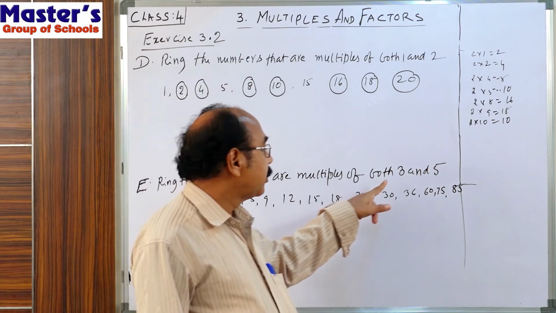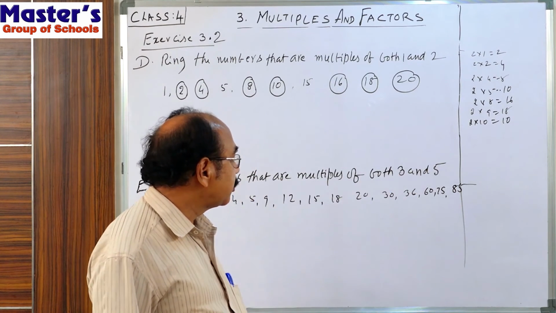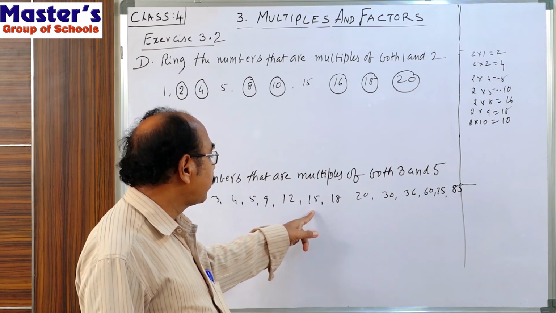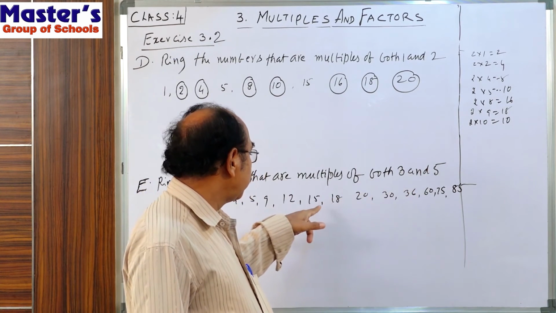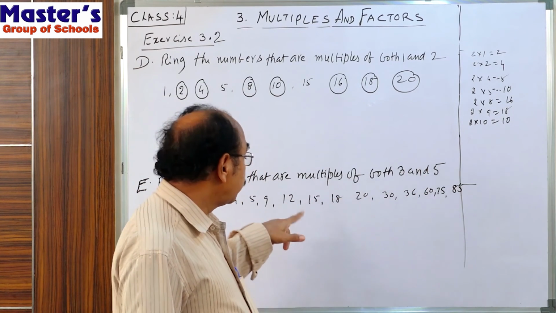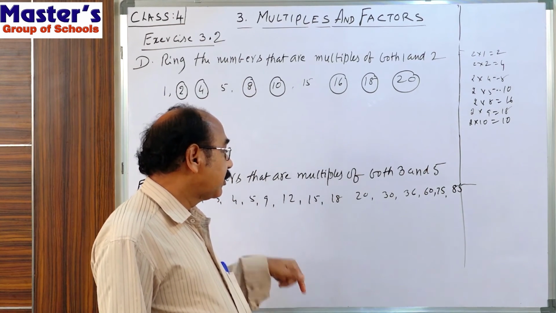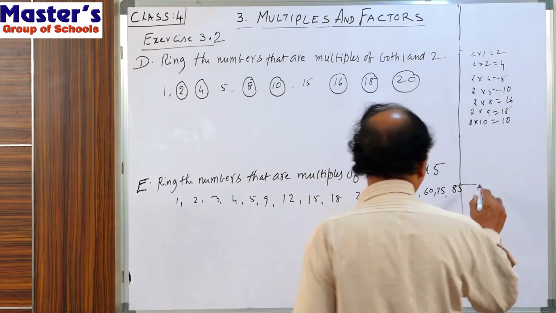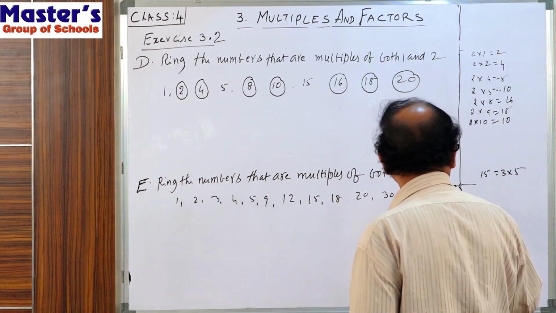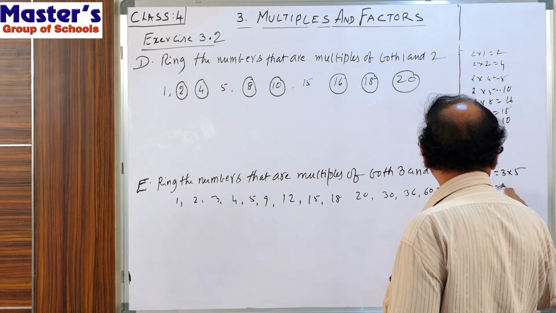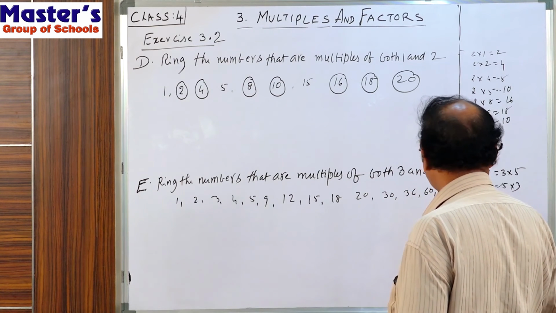In reading the multiplication table of 3 you are getting 15, and in the multiplication table of 5 also you are getting 15. Read the 5 table: 5 threes are 15.